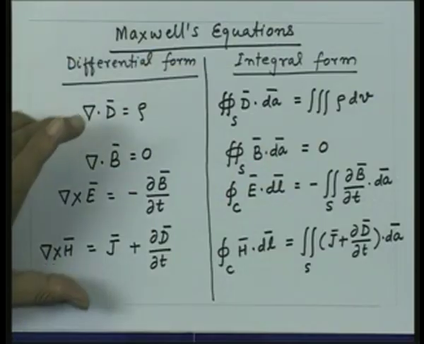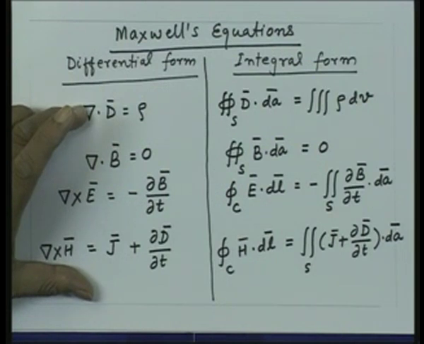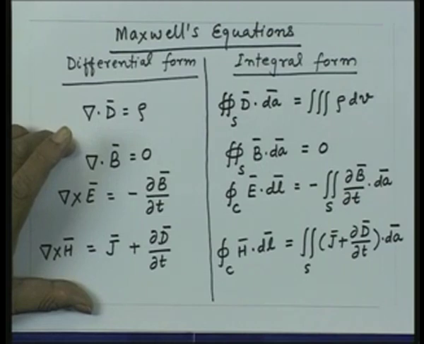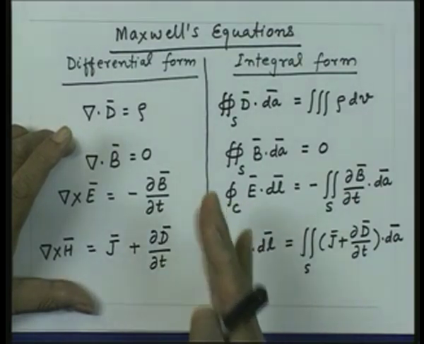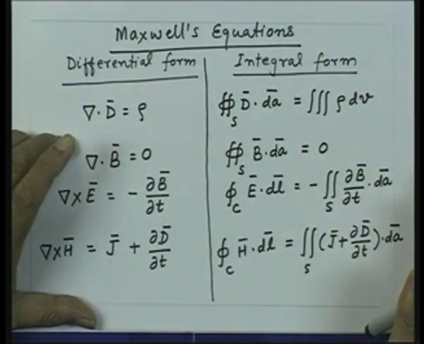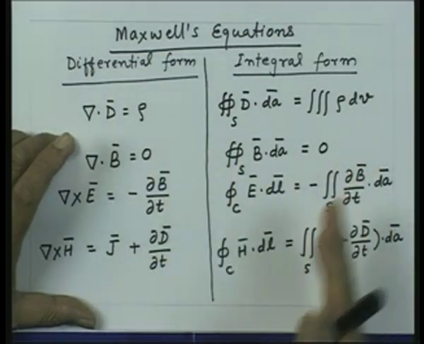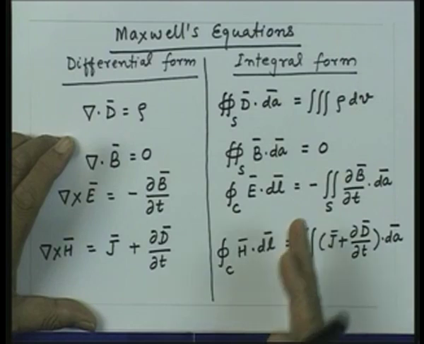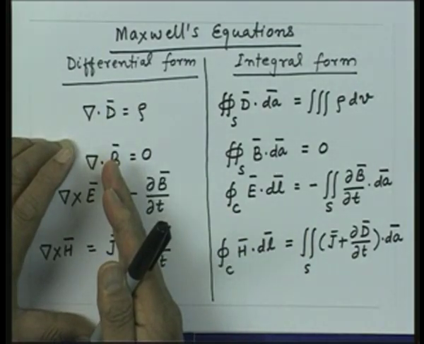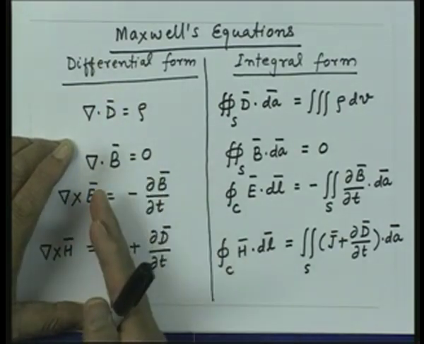Now, as we mentioned earlier, these equations in differential form cannot be applied in a situation where the medium has a discontinuity. That means, if we talk about media interfaces where the medium properties suddenly change, the permittivity may change or permeability may change, and there the space derivatives cannot be defined because the medium is discontinuous.